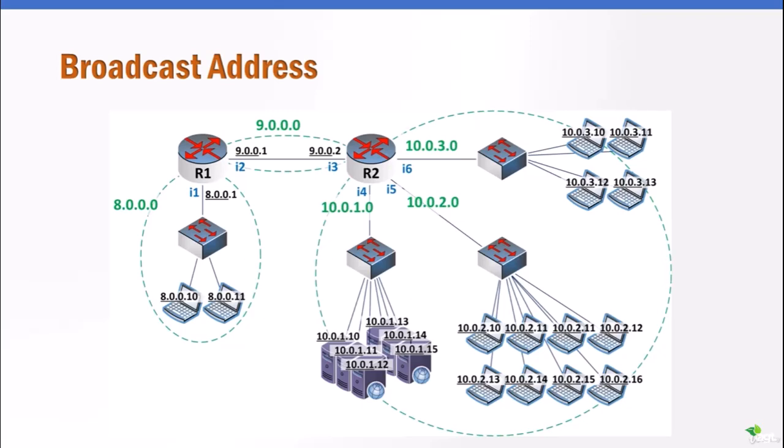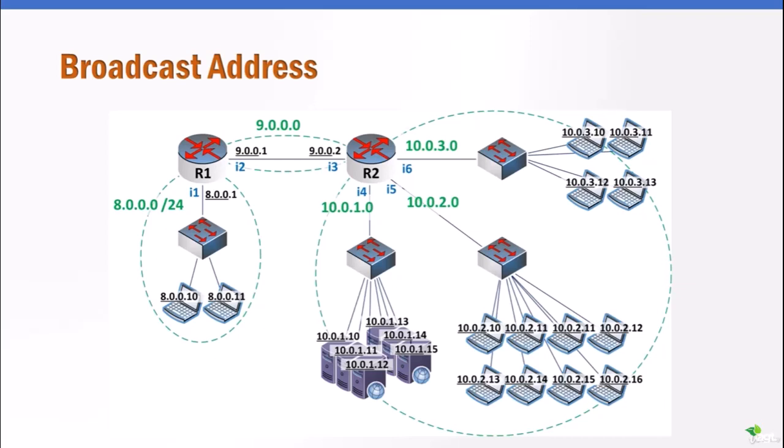But for now, just know that /24 means that the first 24 bits, or 3 times 8, which is 24, or the first 3 octets represent the network portion. So 8.0.0 is our network portion, which is exactly 24 bits.